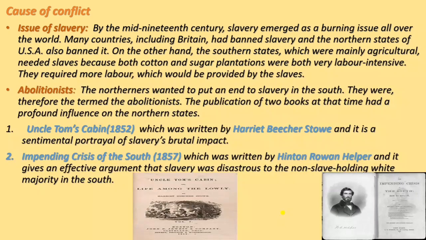White means people of European origin in the South, and it was a strong attack on slavery as inefficient and a barrier to the economic advancement of whites. And there was a strong reaction against these books in the southern states.